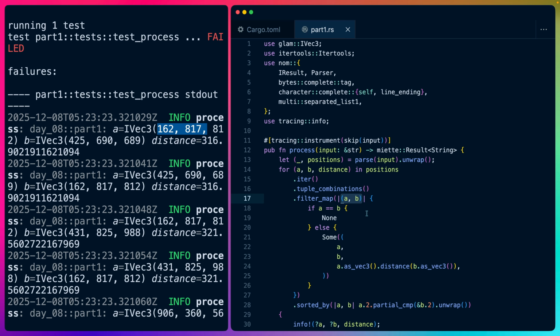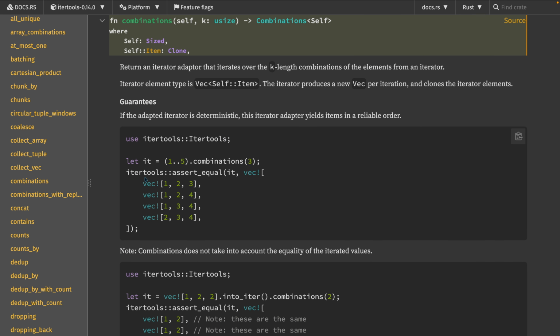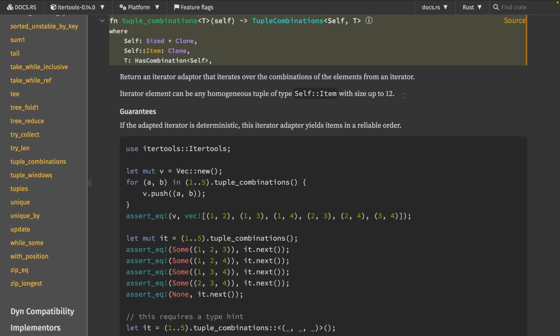But in this case, we're always intending to have 2 no matter what. So when working with things like this, I like personally doing either tuple or const generic based iterators. Now, tuple combinations has some issues with longer combinations. It's implemented for homogeneous tuples of self item with size up to 12, right?